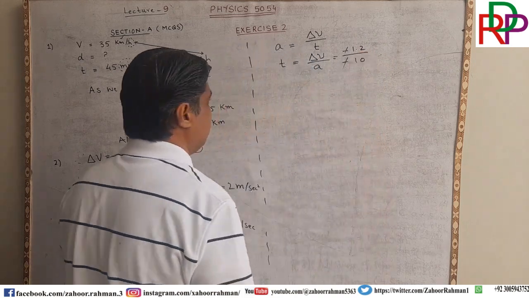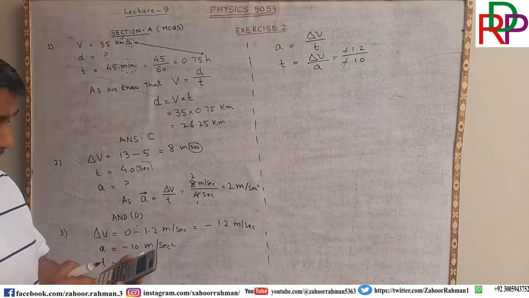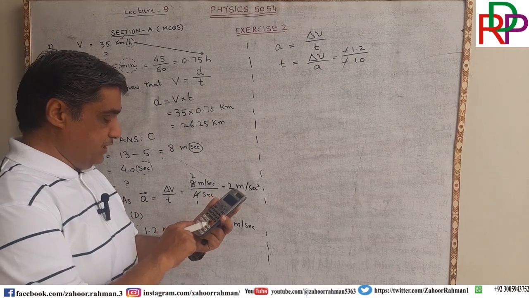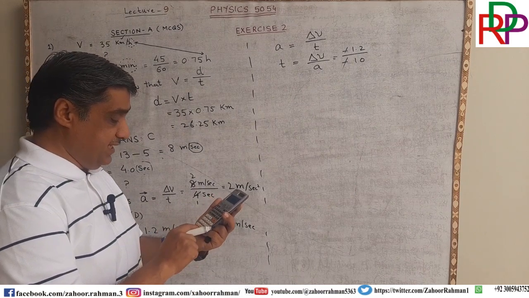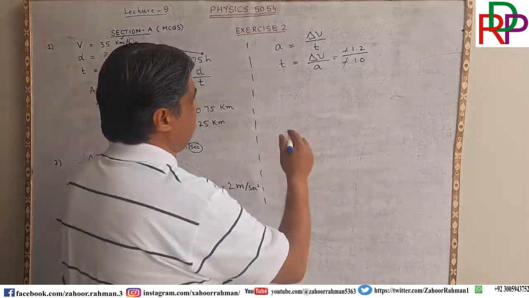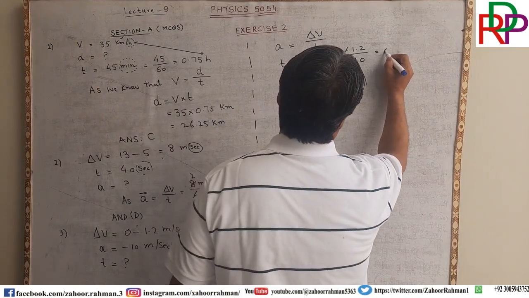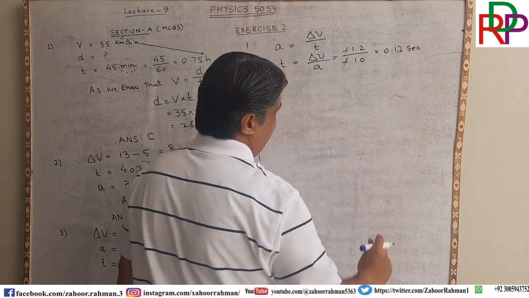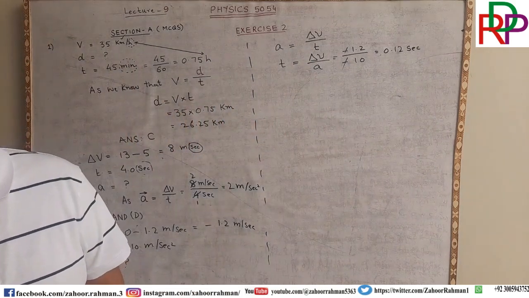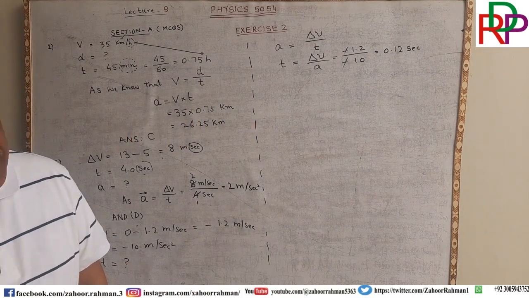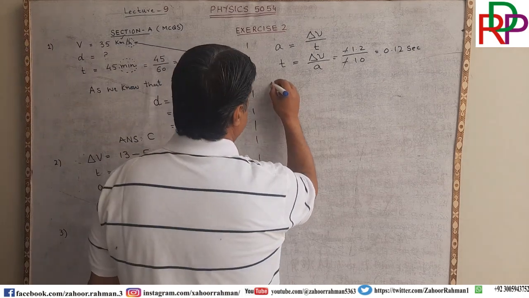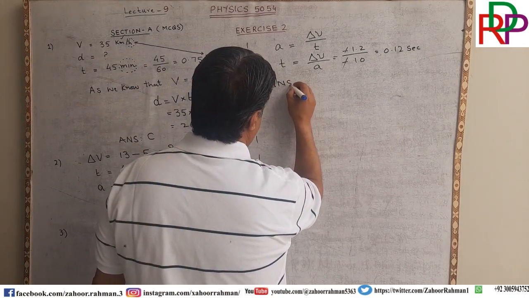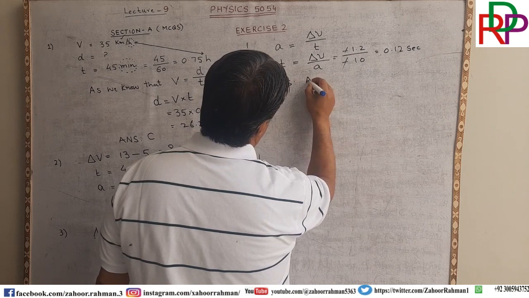This minus will cancel with this one, and if I calculate 1.2 divided by 10, it is 0.12 seconds. And ladies and gentlemen, that is option number A. So the answer is A.